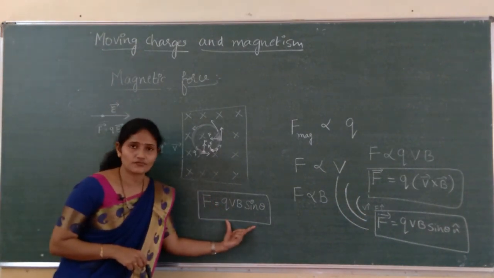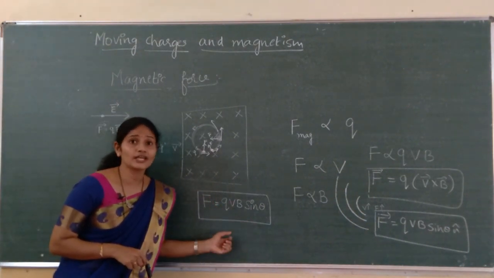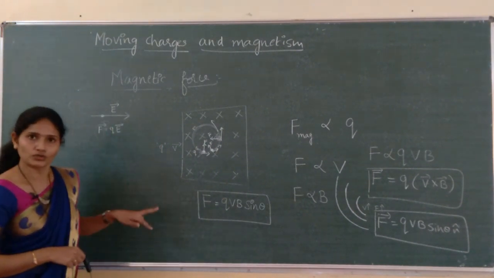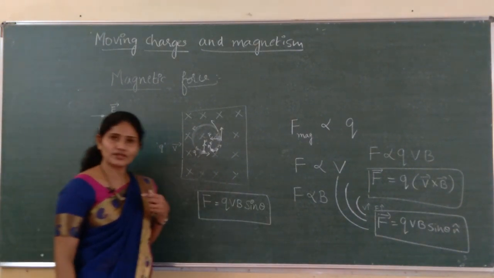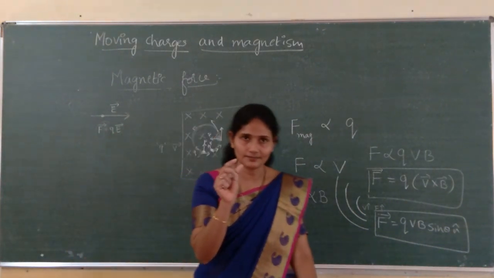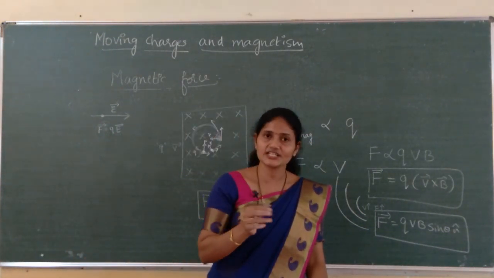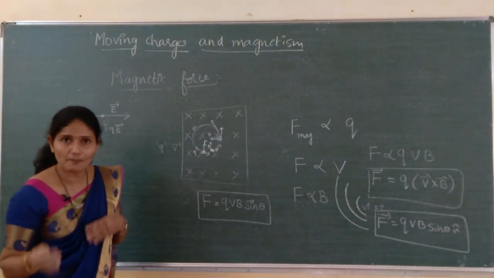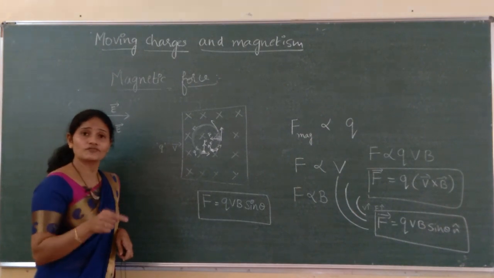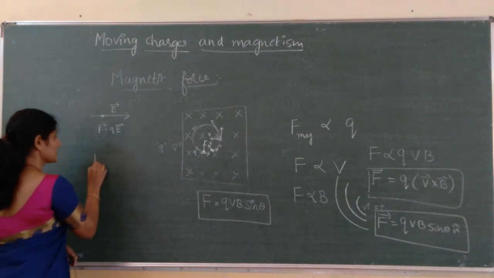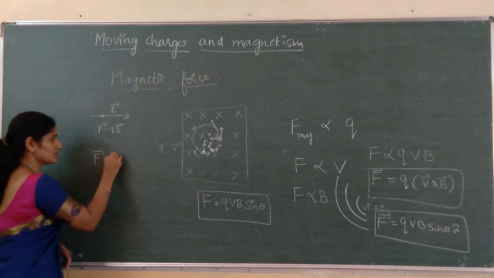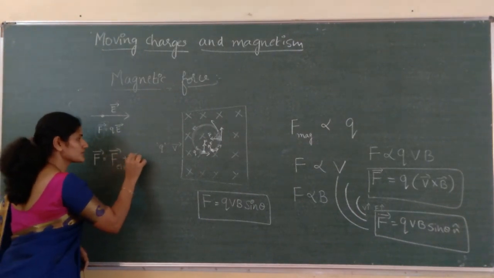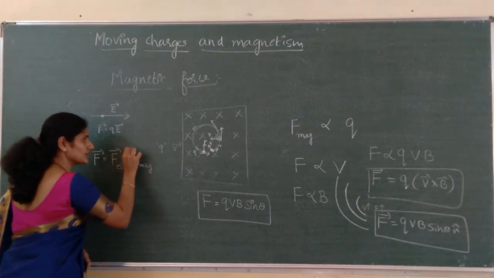So, the earlier one is the expression for force acting on a moving charge in the presence of a magnetic field. If a particle having charge q is moving with velocity v in the presence of both electric field as well as magnetic field, then the total force acting on the particle is F, which is the force due to the electric field plus the force due to the magnetic field.